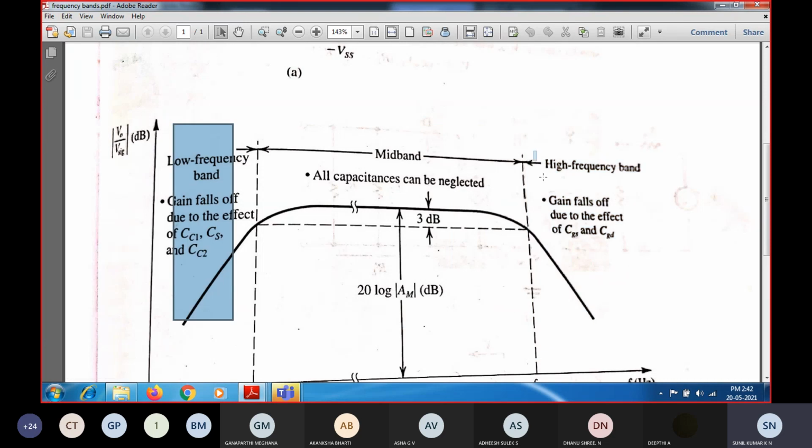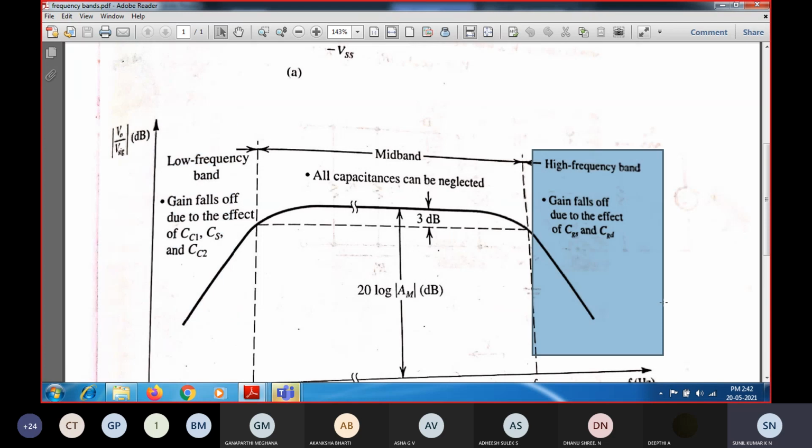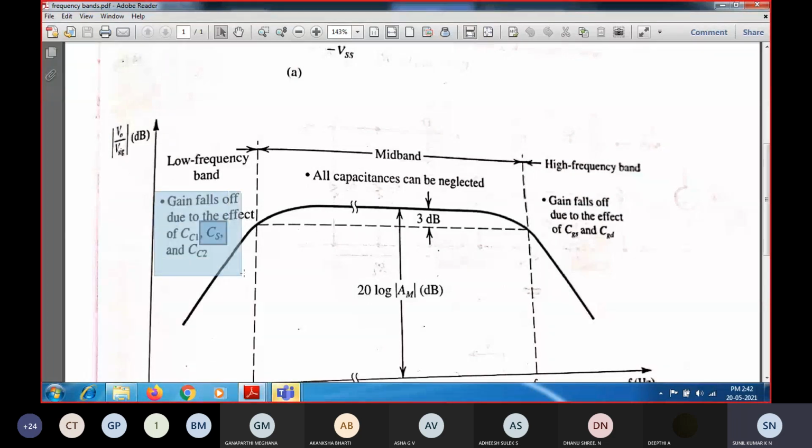When analyzing the behavior of the common source amplifier in the high frequency band, the input side coupling capacitor, the output coupling capacitor, as well as the bypass capacitor, all three will act as a short circuit, correct? Because these capacitors will not have any impact at high frequency, they are usually absent.